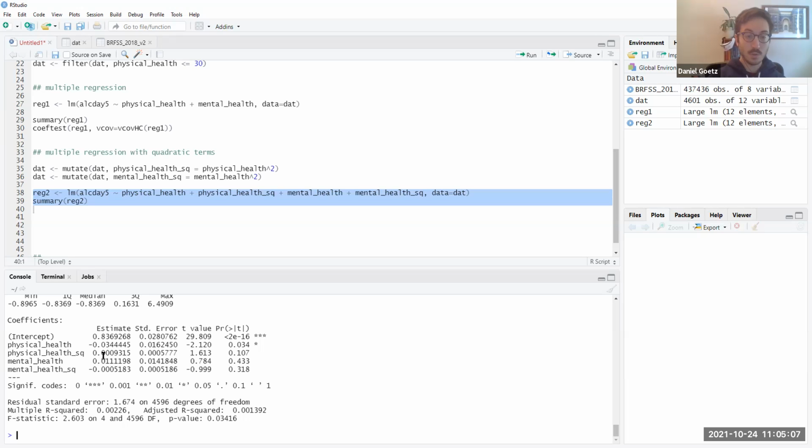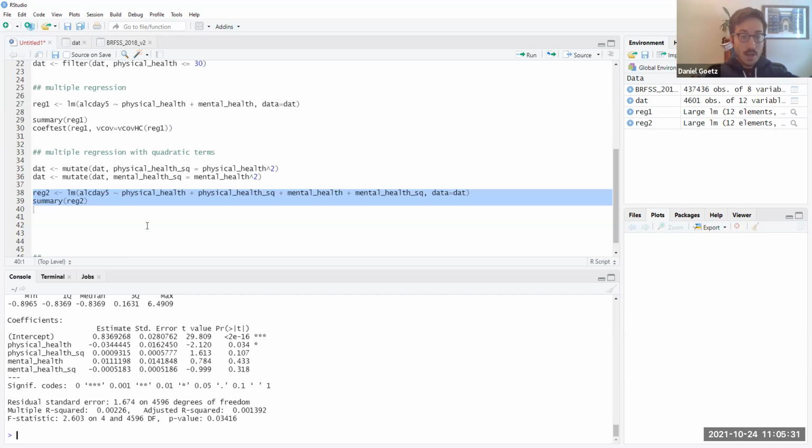Out with your friends or with your family or whatever. But for people who have systematically poor health, right? Like many, many days of bad health per month, for them it might be very different, right? For them, they're staying home a lot, they're in pain a lot. So potentially their alcohol consumption will reflect that, right?